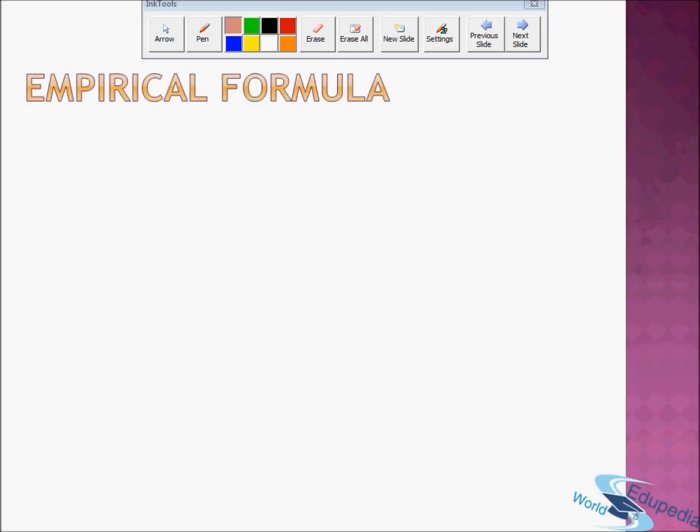First, empirical formula is nothing but similar to molecular formula but in simplest whole number form. If you remember molecular formula, we had a subscript after each element.